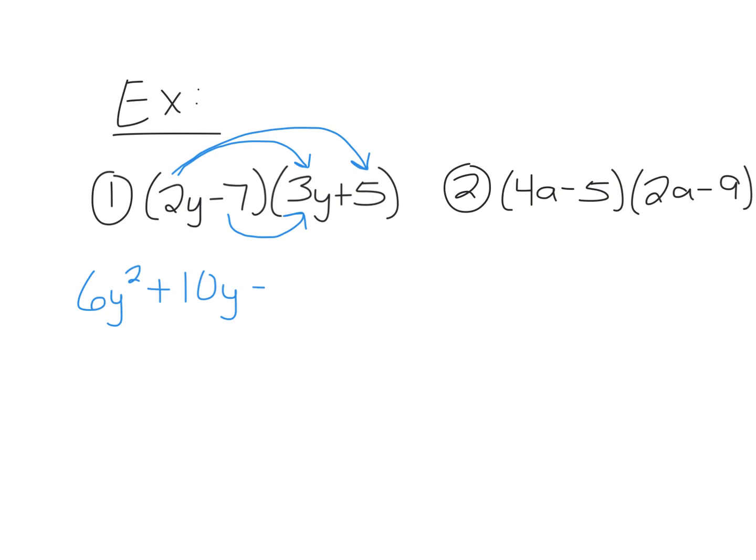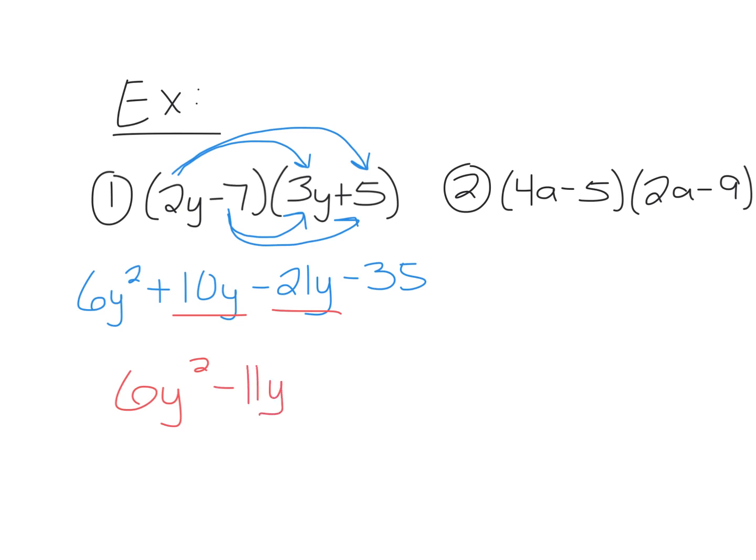What do I get for that? Negative 21y. And then what's the last one? Yep, negative 7 times 5, which gives us negative 35. And then how do I simplify my answer? What can I combine? Yep. So I have 6y squared minus 11y minus 35.